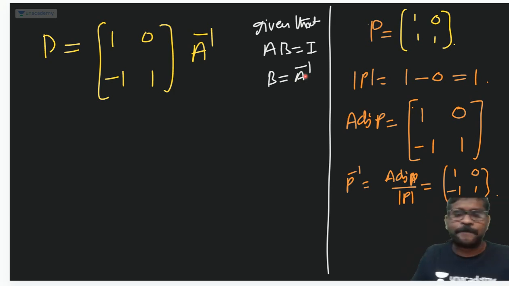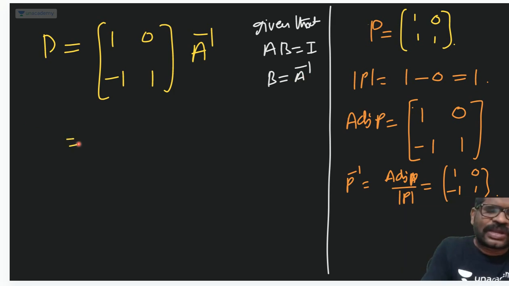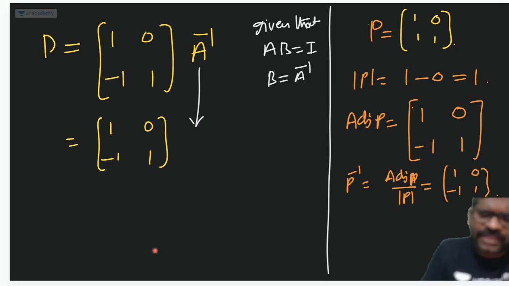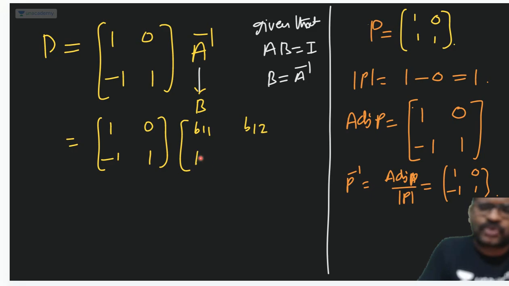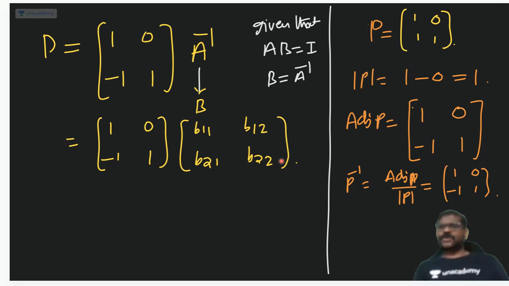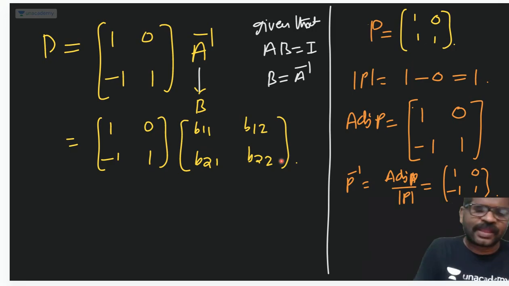Okay. Now 1, 0, minus 1, 1 multiplied with A inverse. A inverse is nothing but B, na. What is B? B is nothing but B11, B12, B21, B22. Now multiply these two matrices.